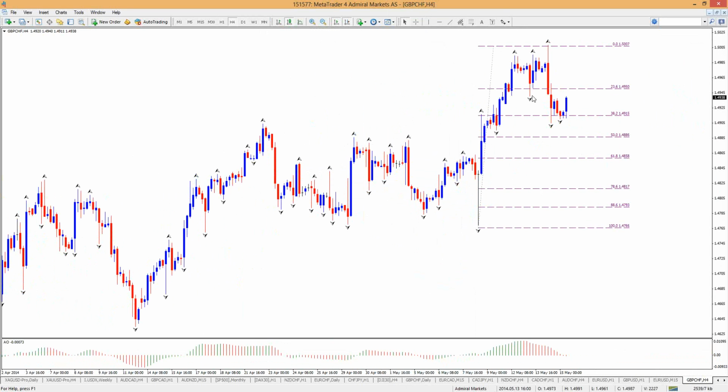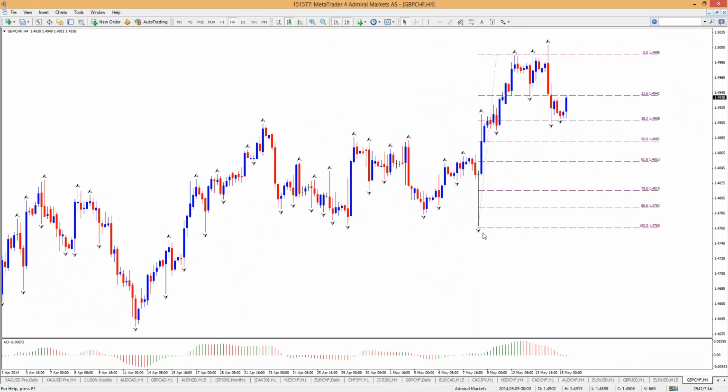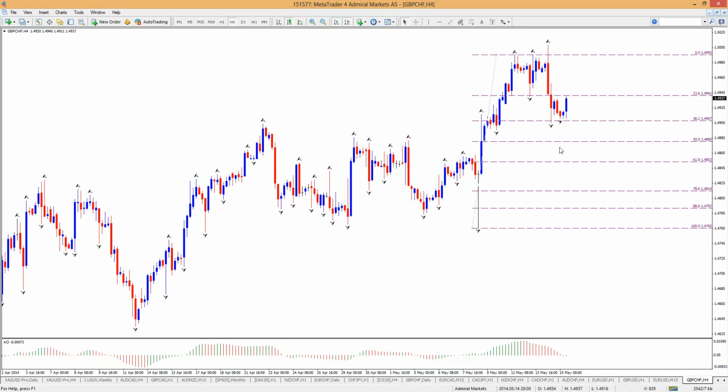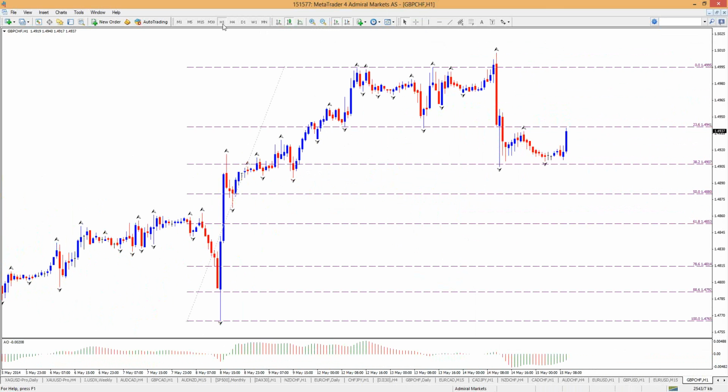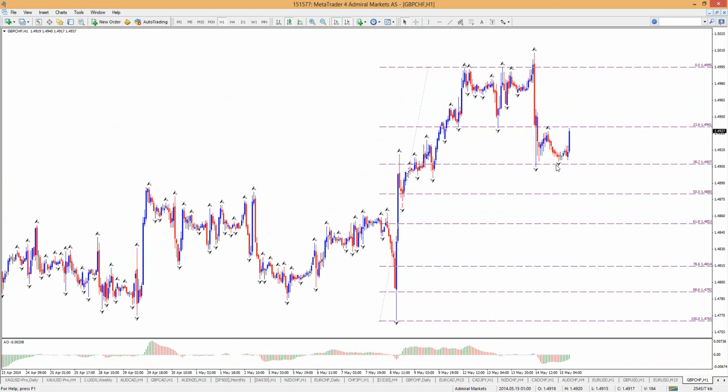Bouncing off the 38.2 fib after it already bounced off the 23.6. So the 38.2 could have been indeed the bounce spot for this pound Swissy. It's definitely possible.